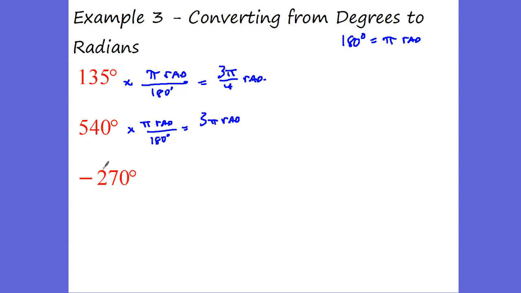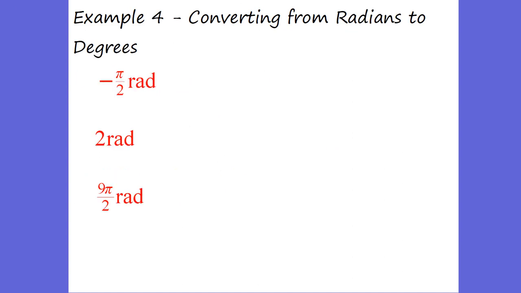Think about that, 540 degrees. It's more than 360. Again, pi radians divided by 180 degrees, and so negative 270 divided by 180, and we get negative 1.5, or negative 3 over 2 if you put that into a fraction, negative 3 over 2 radians there. Which means if we can convert from degrees to radians, we can also convert from radians to degrees.